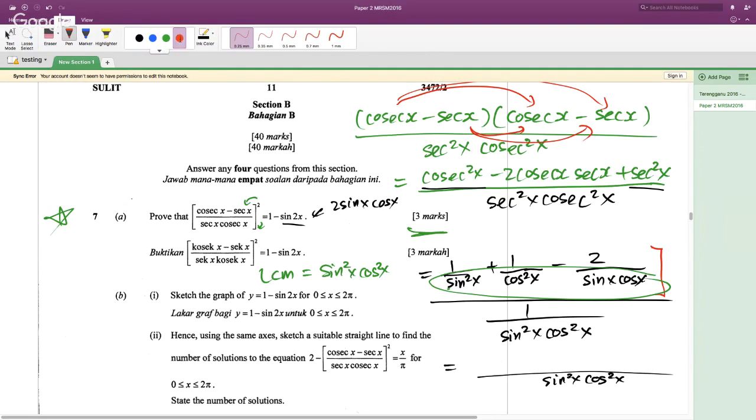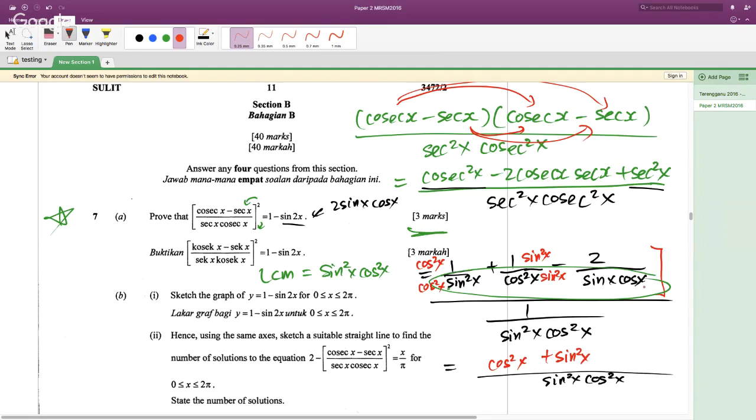For the first one, I multiply cos square x on both, so I have a cos square x here. This one has cos square x already; I want to get sine square cos square x, so I multiply sine square x. So I will plus sine square x.